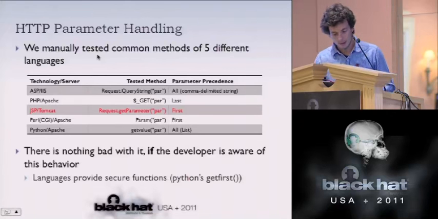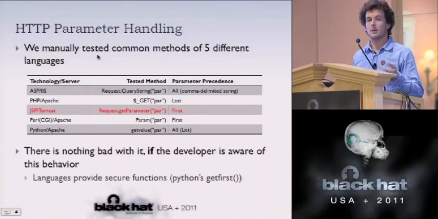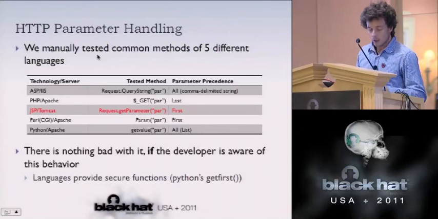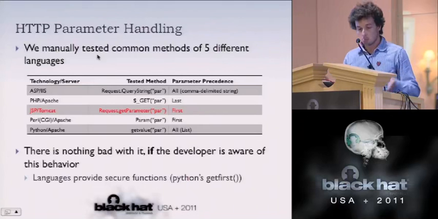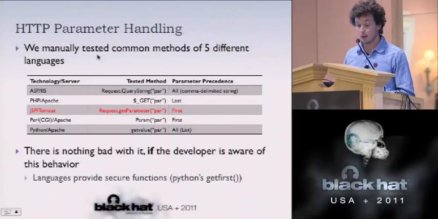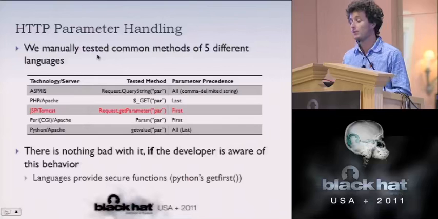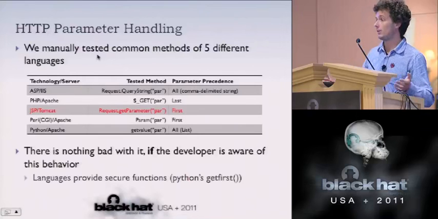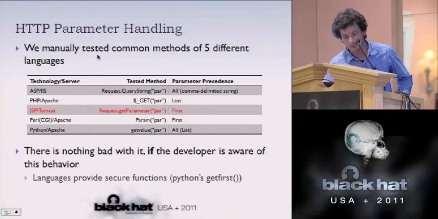What is interesting to see is, for example, in Python, if you submit the same parameter twice, you end up with a list. As I'm saying, this behavior depends on the technology you are using and on the different methods you use server side to retrieve the parameters sent by the client.